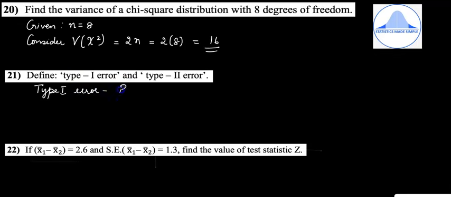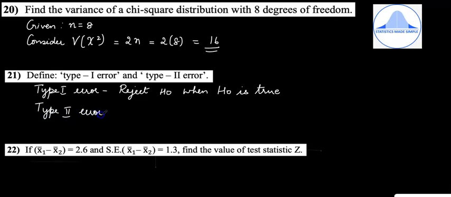So when we reject H0, when H0 is true, where H0 is the null hypothesis, then it is called as the type 1 error, and the type 2 error is we accept H0 when it is false, that is called as the type 2 error.